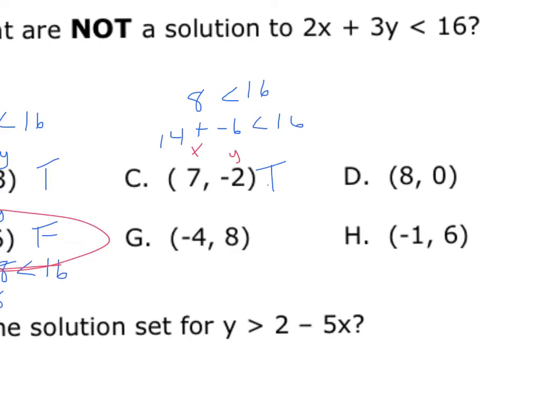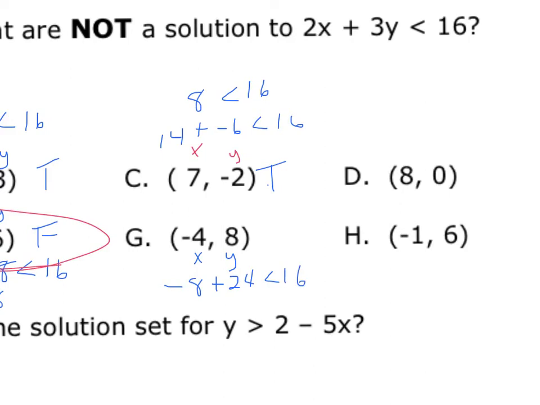Okay, G, we're going to substitute x and y. So x is negative 4, so 2 times negative 4 is negative 8. And y is 8, so 3 times 8 is 24. We're saying that that's less than 16.